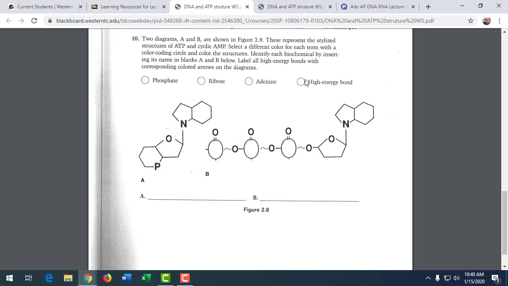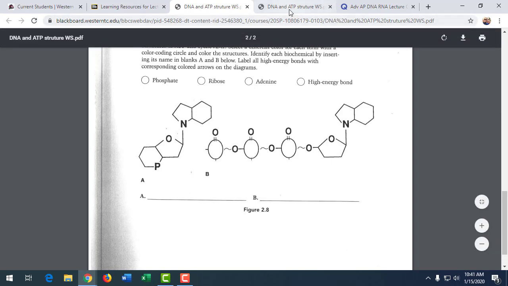And the high energy bonds are these little squiggly lines here. There's 3 of them. So these are the phosphates, these circles. This is ribose, this house-looking structure. And this is adenine here. So you can cross off A, scribble out that structure. We're not going to talk about cyclic AMP, but this is ATP. So that's just basic DNA structure that we talked about on Monday.